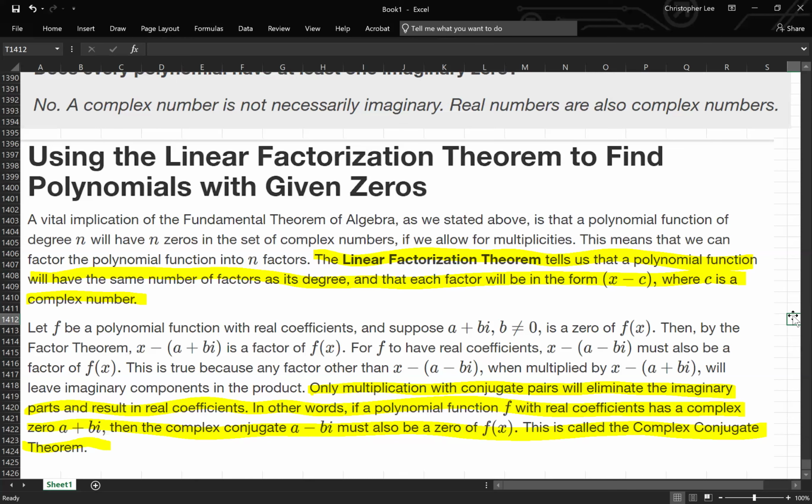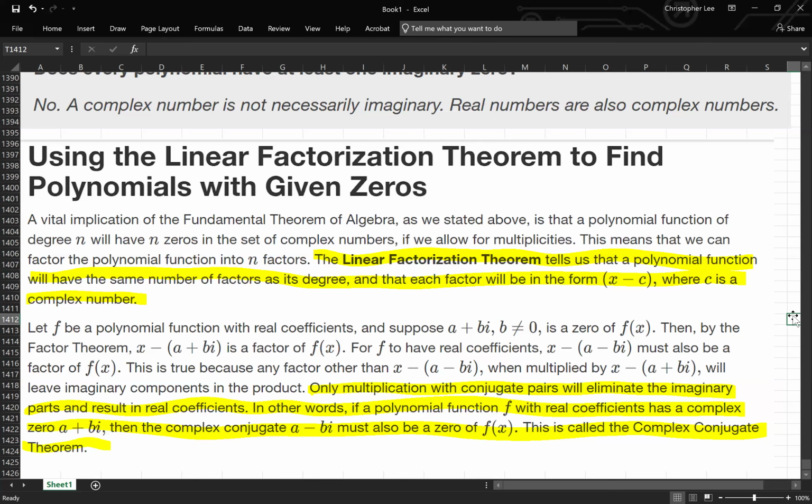So let f be a polynomial function with real coefficients, and suppose that a plus bi, where b does not equal 0, is a zero of f of x. Then by the factor theorem, x minus (a plus bi) is a factor of f of x. For f to have real coefficients, x minus (a minus bi) must also be a factor of f of x. This is true because any factor other than x minus (a minus bi), when multiplied by x minus (a plus bi), will leave imaginary components in the product.